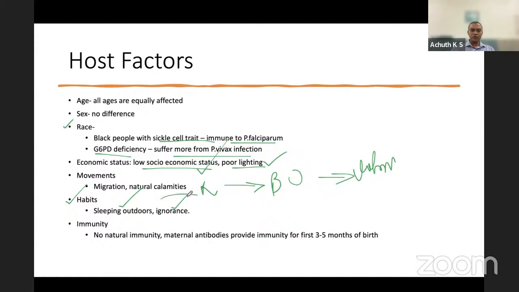But after so many years we realize that mosquitoes can do so many things and can take a life, such a small living being. It can take down a huge human being on its own. And there is no natural immunity. Maternal antibodies provide immunity for the first few months of birth.